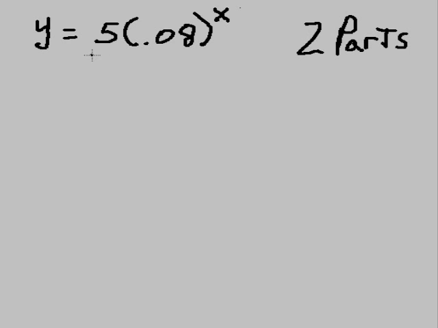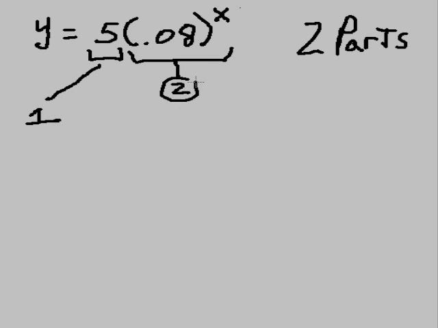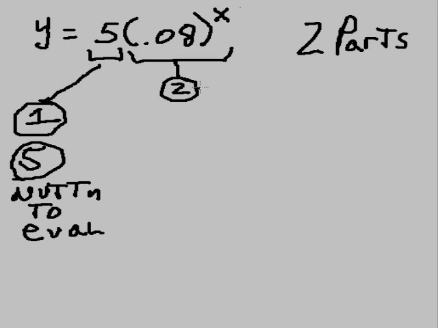He's got 5 times this guy. That's part number 1, and this will be part number 2. Let's look at part number 2 for a second, because you can't do anything with part number 1. I mean, 5 is 5. There's nothing to evaluate.